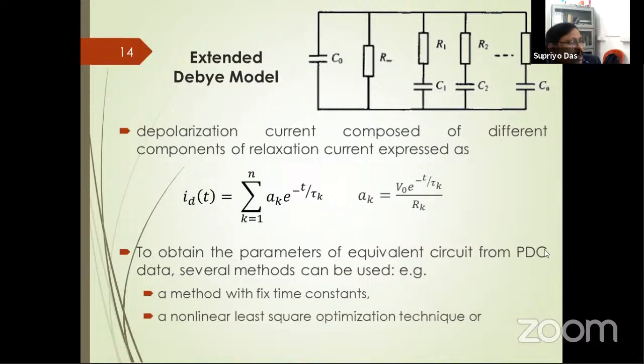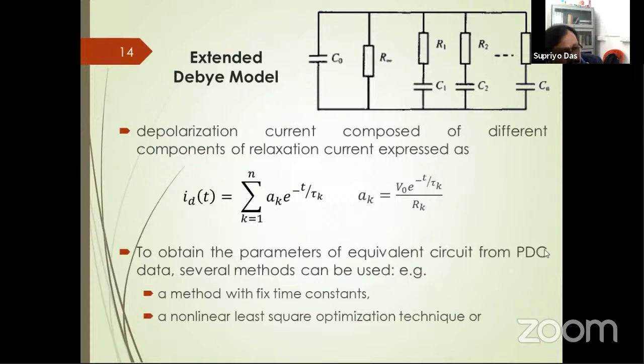For example, in case of water-treed XLPE, three branches are considered to explain the relaxation process. The first branch normally represents the dipolar polarization. The second branch represents the interfacial polarization. The third one, the water-tree polarization.